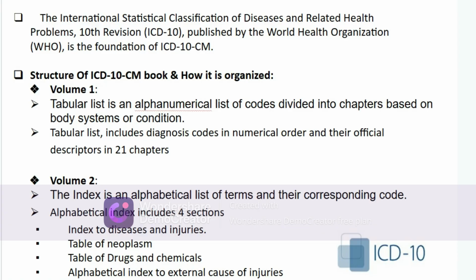Volume 2 is the index, an alphabetic list of the terms and their corresponding codes. The alphabetic index includes four sections. First is the index to diseases and injuries, then the table of neoplasms, the table of drugs and chemicals, and the alphabetic index to external causes of injury.